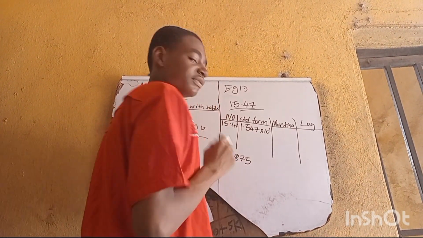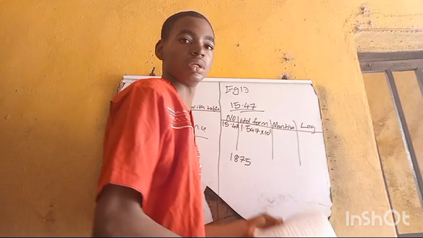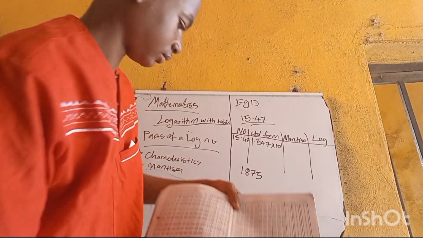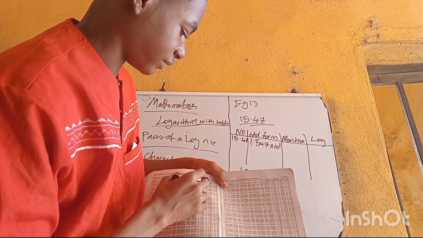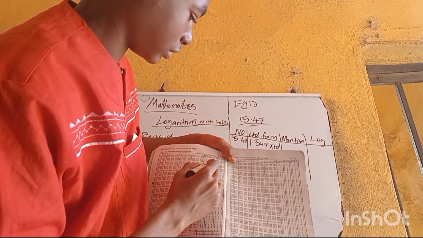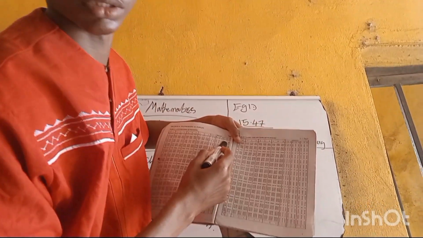Difference 7. If you are using a 4-figure table, under difference you look for difference 7. Now 15, trace it to difference 7. Difference 7 under 15 is 20.